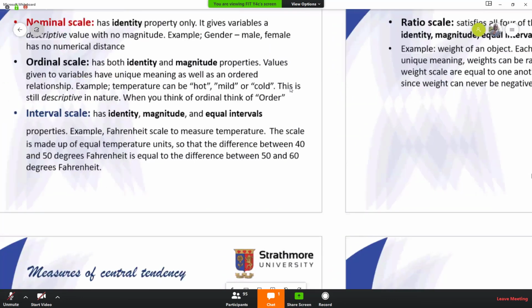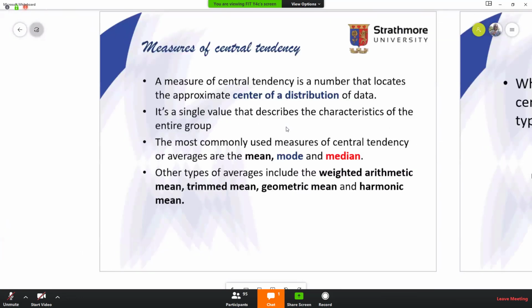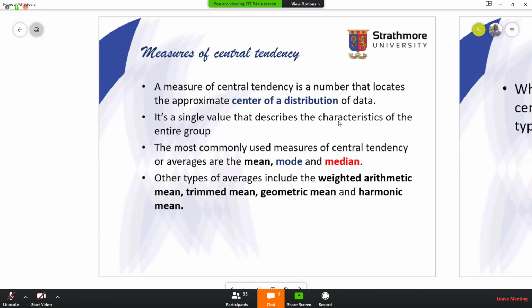Then the next thing that we go to in statistics, unless there's a question, is the measure of central tendency. This is another thing you must have done in statistics. A measure of central tendency is a value that generally explains the data, one value kind of summarizing the data. This can also be called the center of a distribution of data. Some of the things we use to find a value that describes the data are mean, mode, and median.